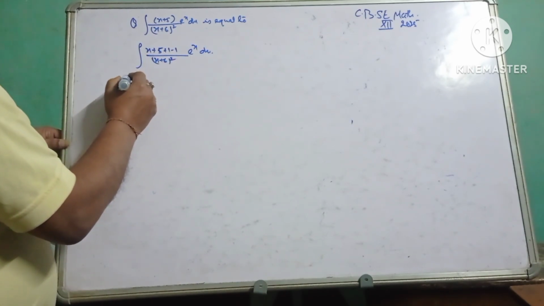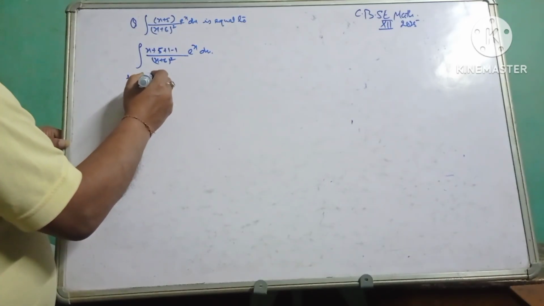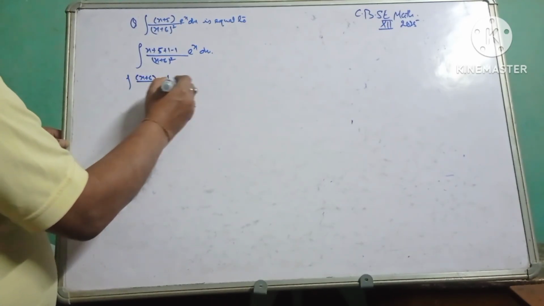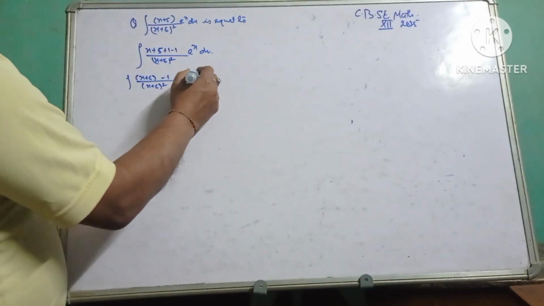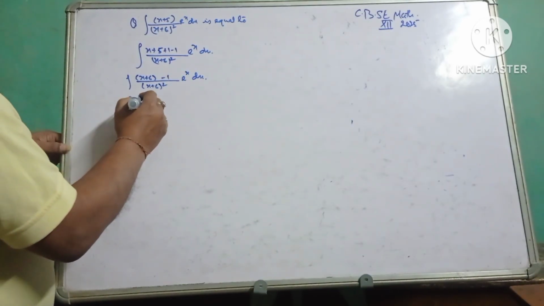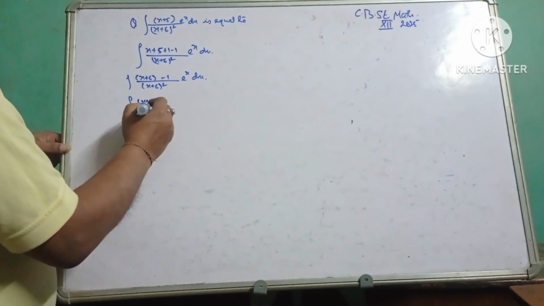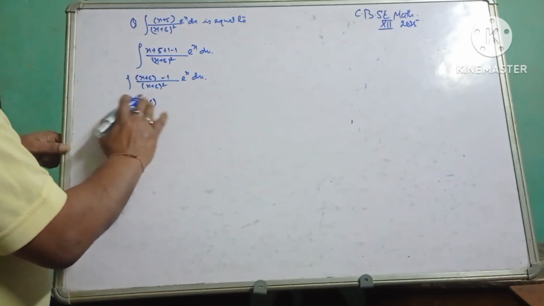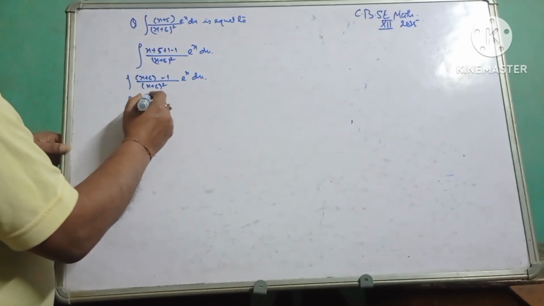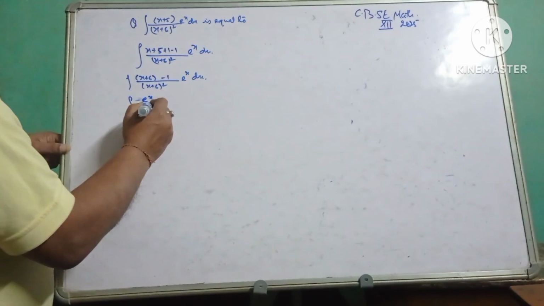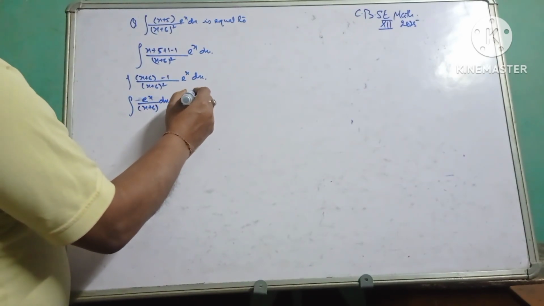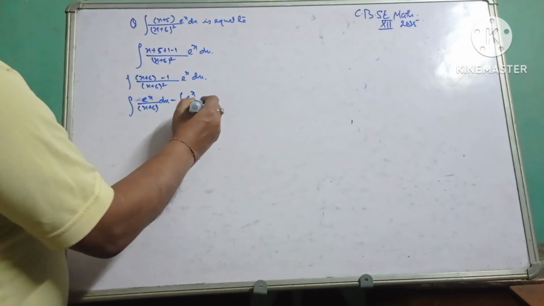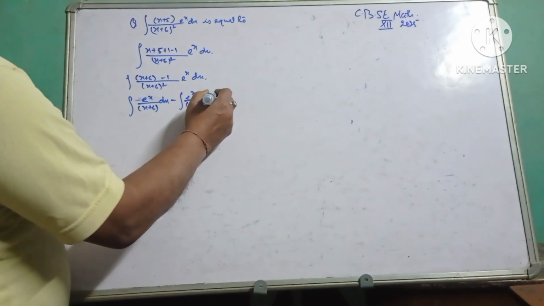So this will be how much? x plus 6 minus 1 by x plus 6 the whole square e to the power of x dx. So this will be e to the power of x by x plus 6 dx minus e to the power of x by x plus 6 the whole square dx.